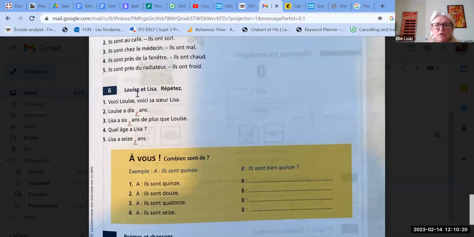Okay, let's try this. Louise et Lisa. Voici Louise. Voici sa sœur Lisa. Voici Louise, the Z. So can you say that Louise is 10?